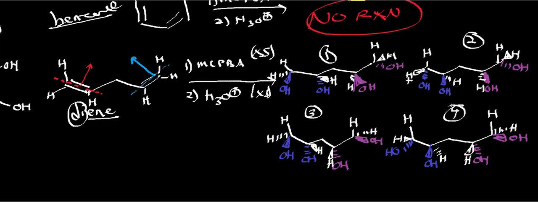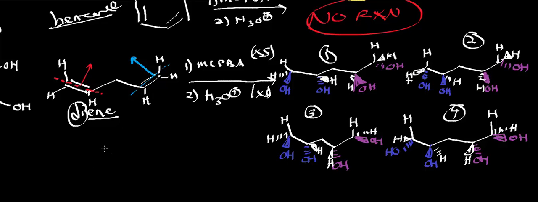So here the key is when you do anti-dihydroxylation on something that is a diene, and especially when they're isolated double bonds and not conjugated, you have the capacity to actually get 4 products. When you're trying to figure out how many products you should have if you were to get some kind of diene or triene or something, and it goes on, you can do this quick little formula.